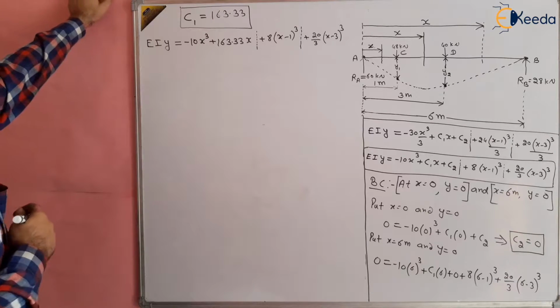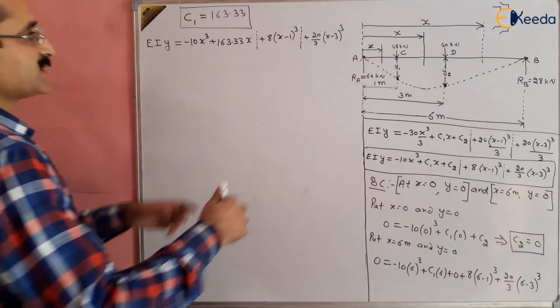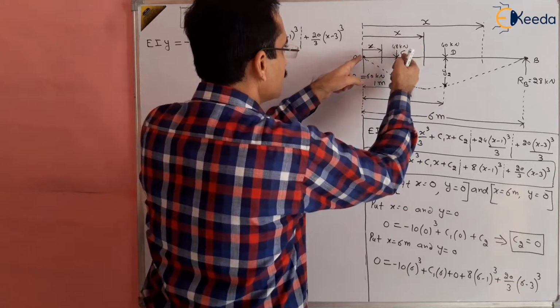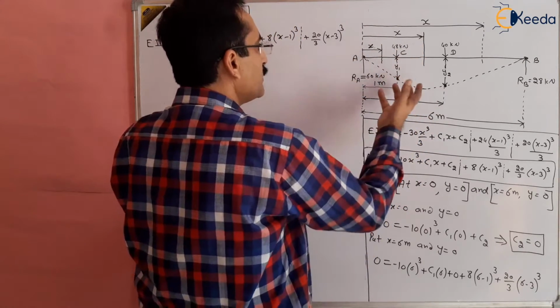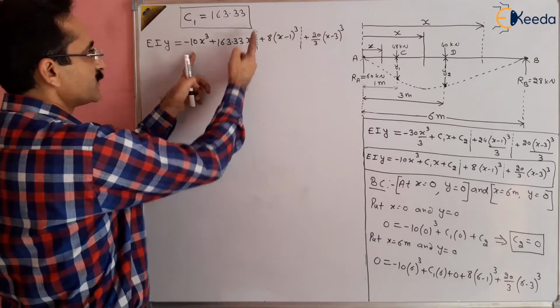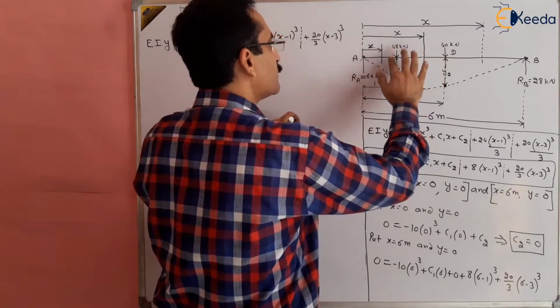Now if we want to find out the deflection, then this is valid between A and C. If we want to find out the deflection under the 48 kilonewton load, this is between A and C, so you can use the equation which is valid between A to C. This is the first equation, the first dotted line. Also, point C lies between C to D, so both are applicable.